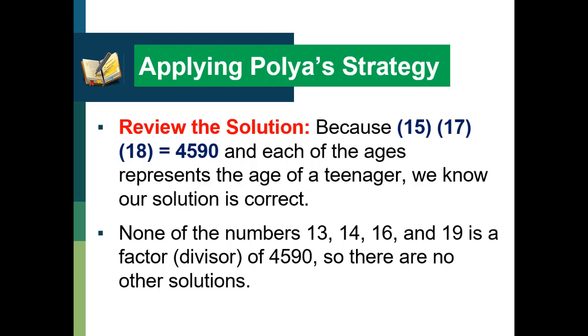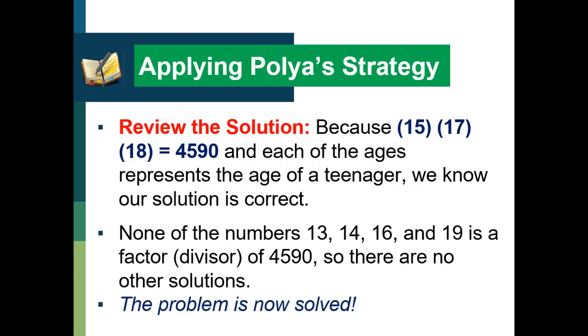So basically, there are no other solutions. We only have one solution, and that is 15, 17, and 18. So the ages of the three teenagers are 15, 17, and 18, and the problem is now solved.